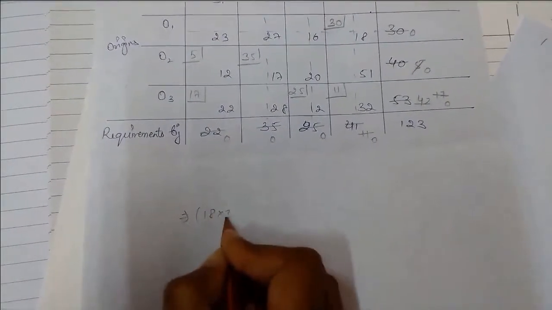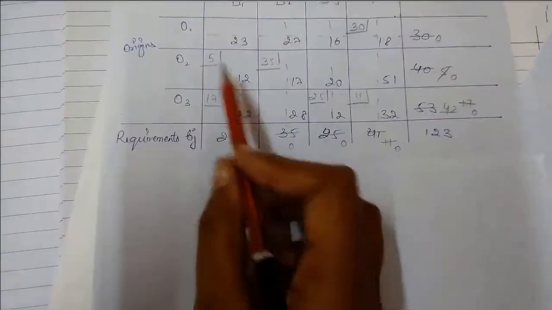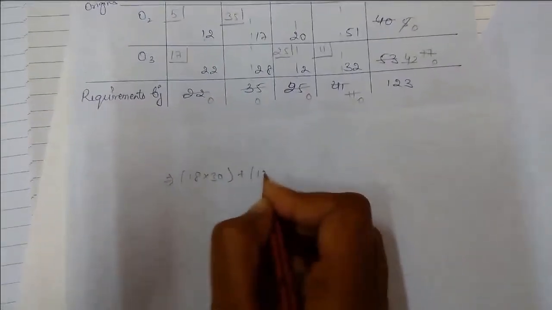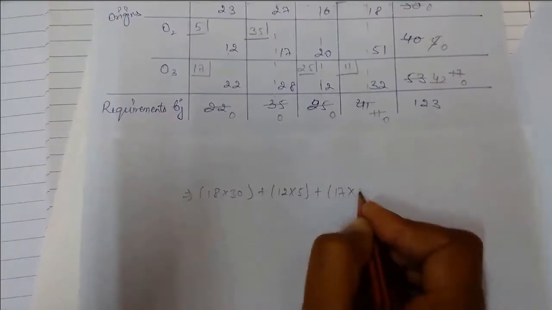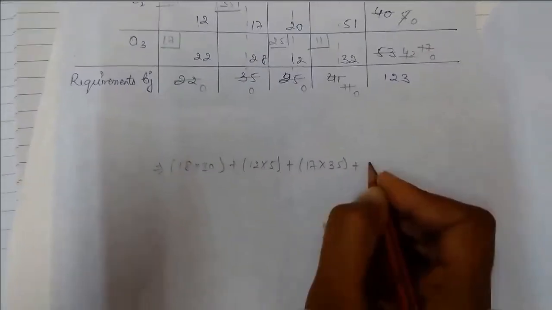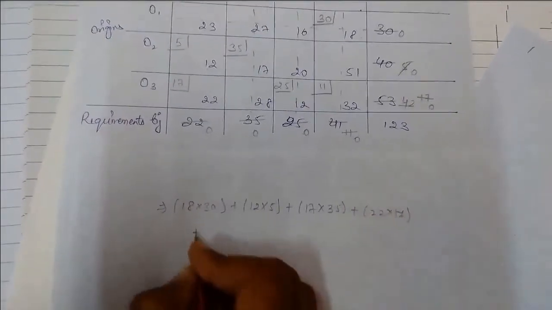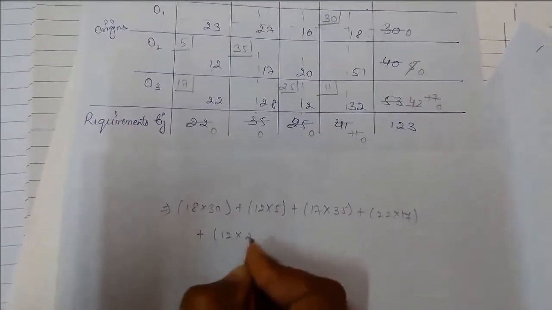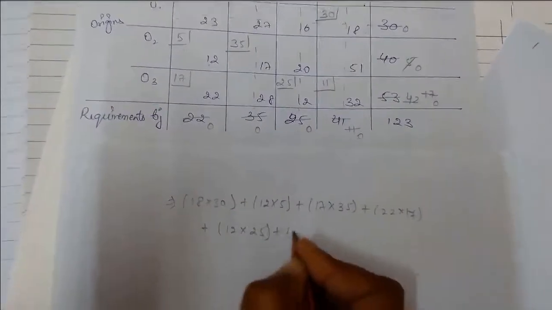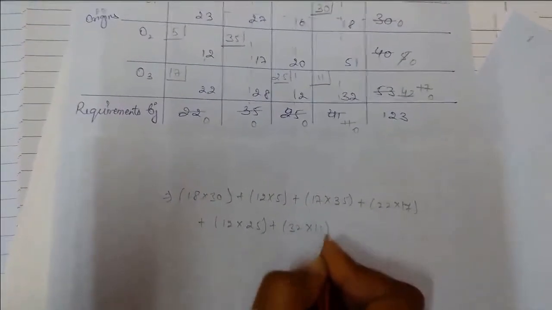So we multiply 18 and 30, then plus 12 into 5, plus 17 into 35, plus 22 into 17, plus 12 into 25, and plus 32 into 11.